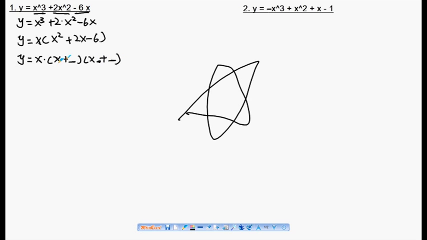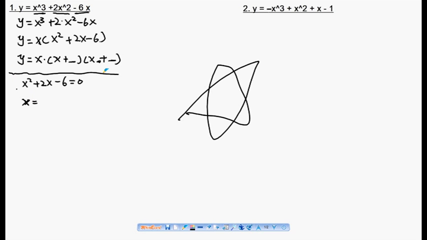Let's do it by using the quadratic formula. If x squared plus 2x minus 6 equals 0, then in the quadratic formula, x will be as follows. This is only assumed.